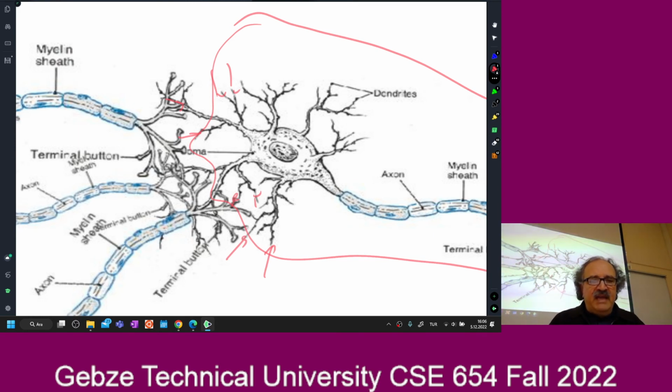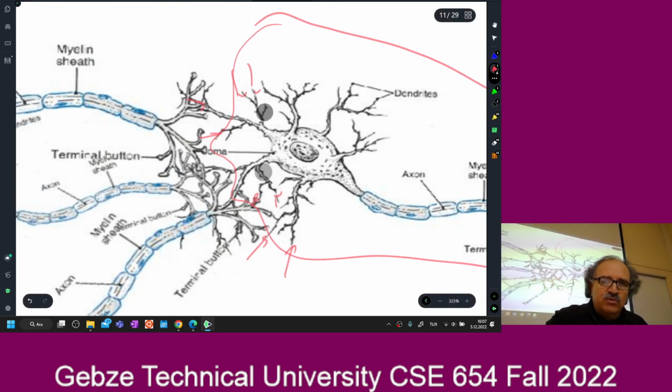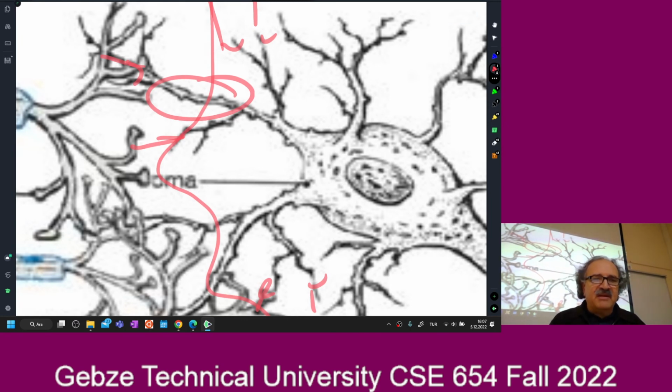The amount of electricity transmitted from this cell to this cell is controlled by the chemical around here, the type of the chemical and the chemical structure of this connection. If the connection is strong, then the whole current is drawn in that location. If the connection is loose, then not much current is drawn.